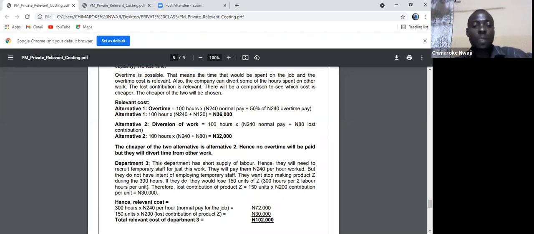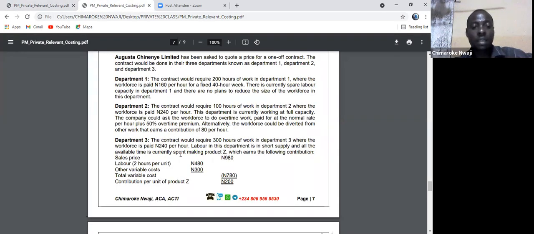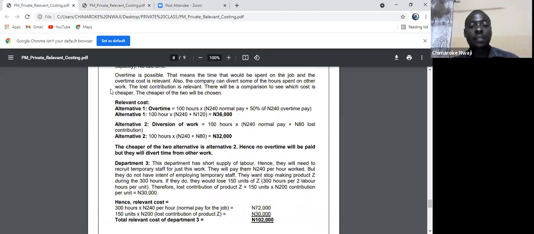Okay, so if they stop making product Z during the 300 hours, it will require 300 hours. And if they stop making product Z and divert that time to making their project, this one-off contract, they will lose 200 naira per product in that 300 hours. So it means that how many units will they lose in that 300 hours?